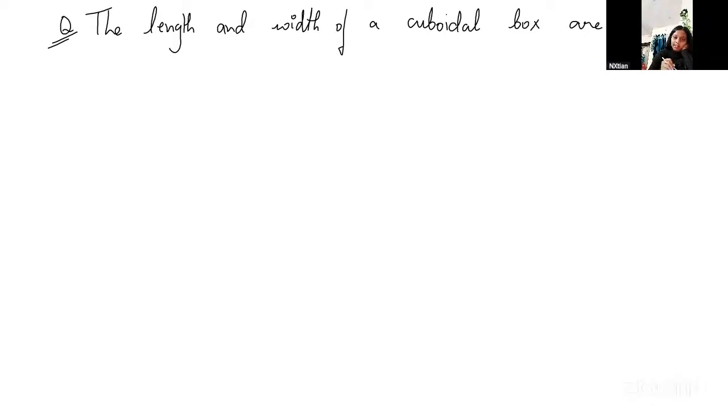Length and breadth is given, okay? Width is the same as breadth. And volume is given. If its volume is 72 centimeter cube, find its height.